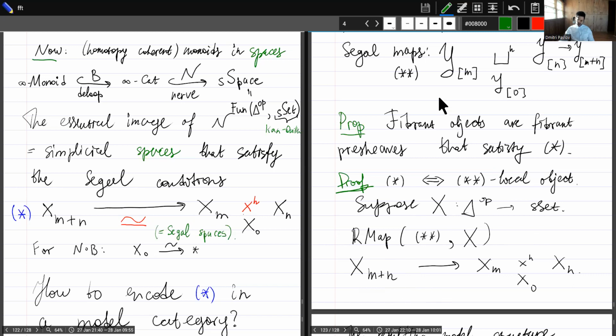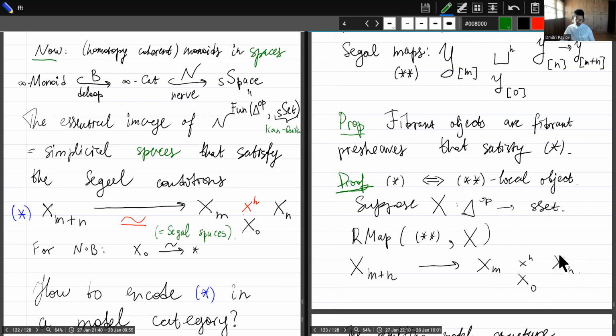Now, what happens if I map this homotopy pushout into X? Well, the derived mapping space functor sends homotopy pushouts to homotopy pullbacks. So that's why you get a homotopy pullback here, and it sends a representable presheaf to the corresponding evaluation.